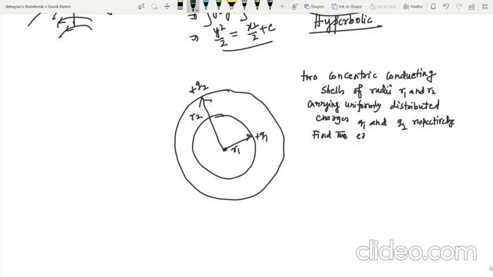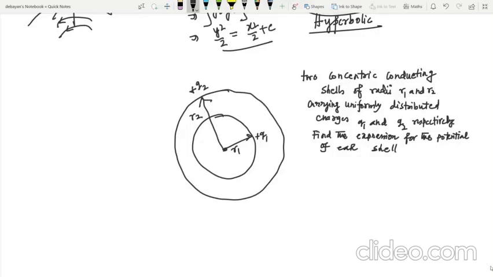So what we find is that the potential of each sphere consists of two parts, one due to its own charge and the other due to the charge on the other sphere, by which you can find the potential.